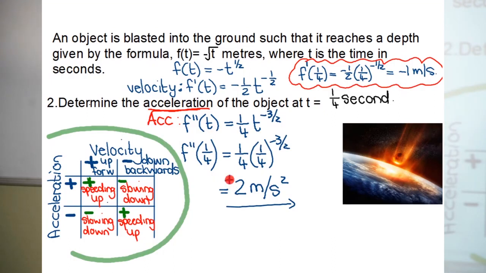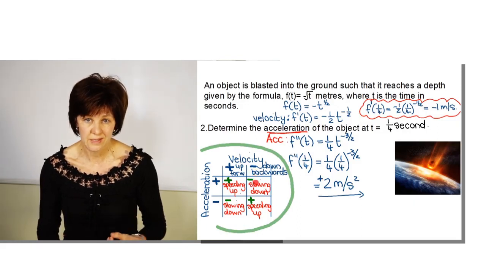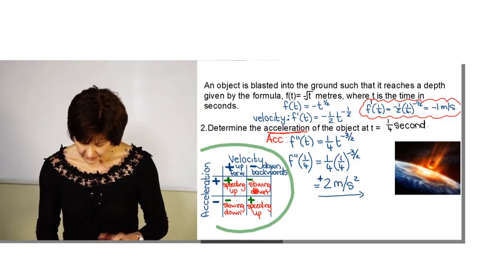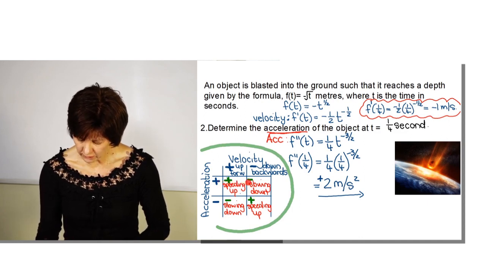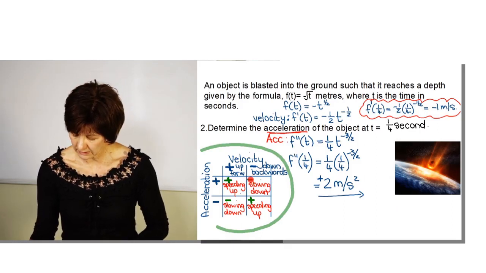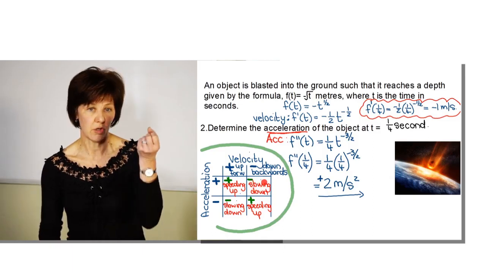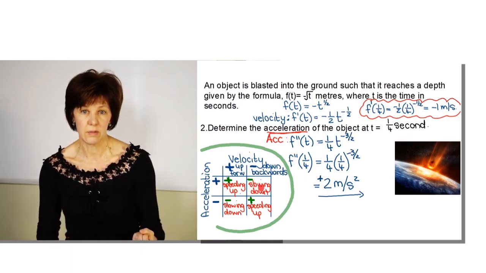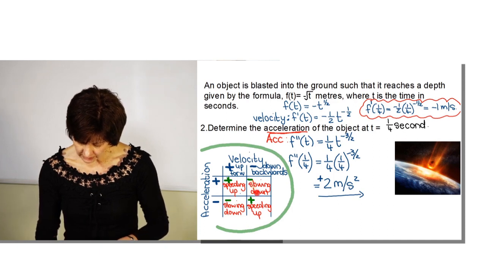So if positive is representing speeding up and negative is representing slowing down, we can use the table to interpret what happened here. So I quickly calculated the velocity after a quarter second, and my answer was negative 1 meters per second. So if the velocity is negative, this object is blasted down into the ground, and the acceleration came out positive.